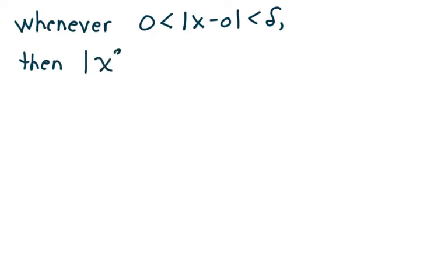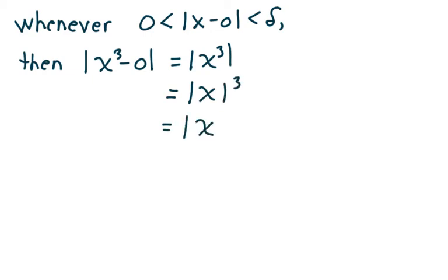the absolute value of x cubed minus 0 is the absolute value of x cubed, which is the absolute value of x to the third, which is the absolute value of x minus 0 to the third. But this is less than delta cubed. But remember that delta is the cube root of epsilon.